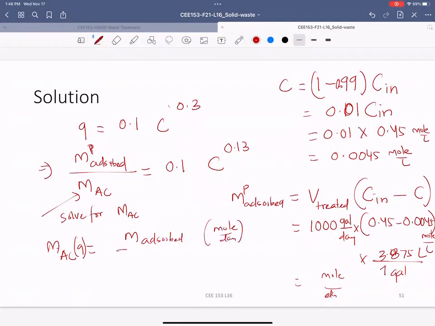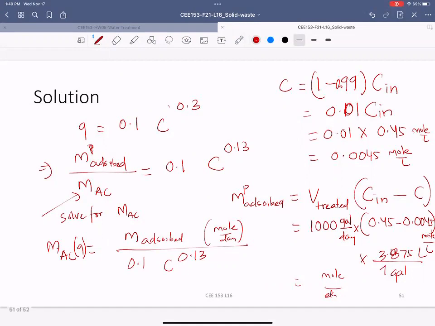You don't have to take care of the unit here, because the constant 0.1 has the unit to cancel out everything. Whatever it is, it's already accounting for that unit.